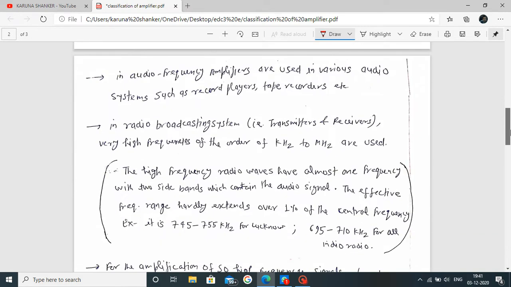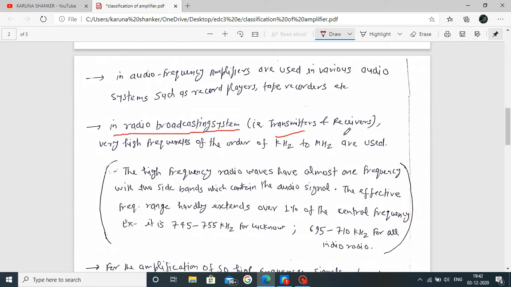We have already seen that the radio amplifier is used for amplifying very high frequency signals. We use it in applications such as radio broadcasting systems. In a radio broadcasting system, there is a transmitter and a receiver. The transmitter transmits the signal and the receiver receives it. Very high frequency ranges, in kilohertz and megahertz, are used here.